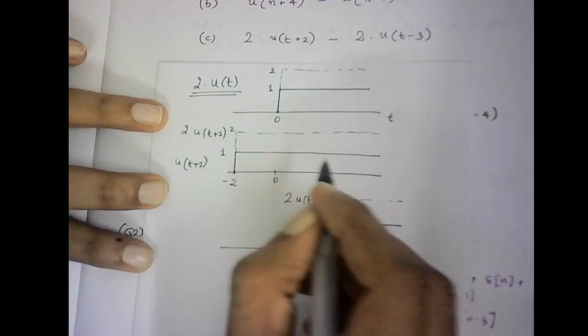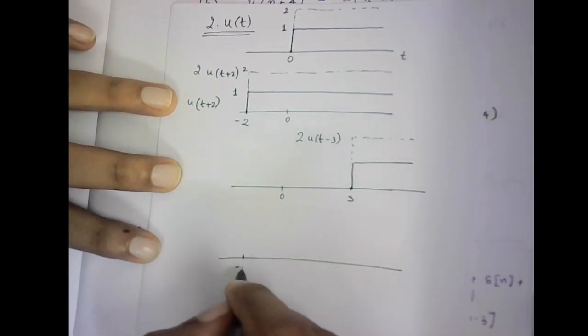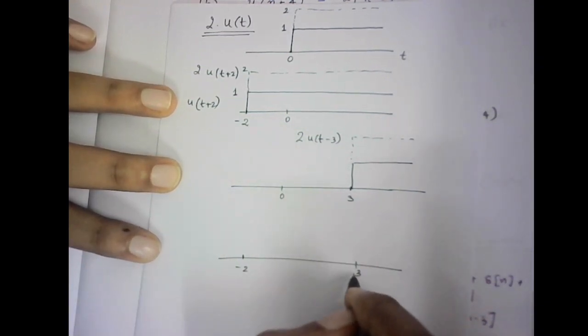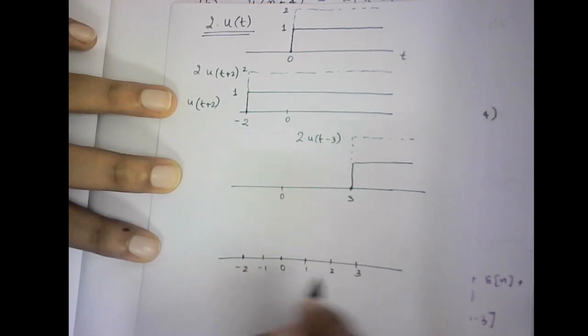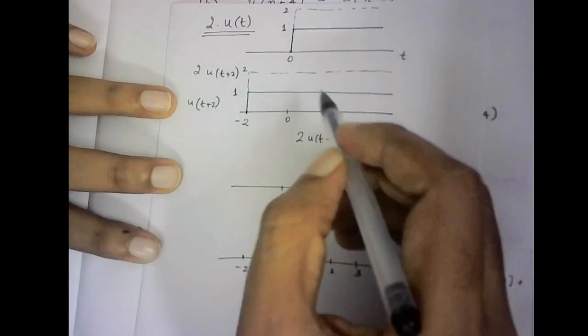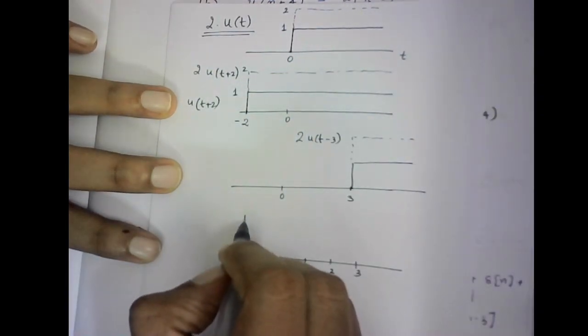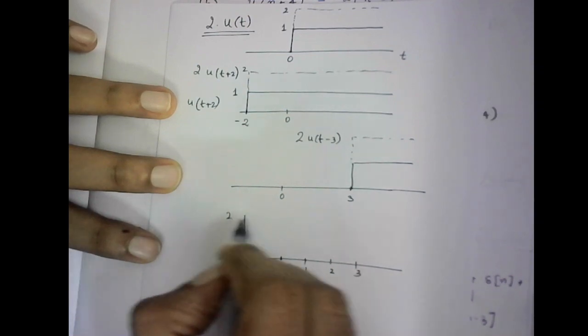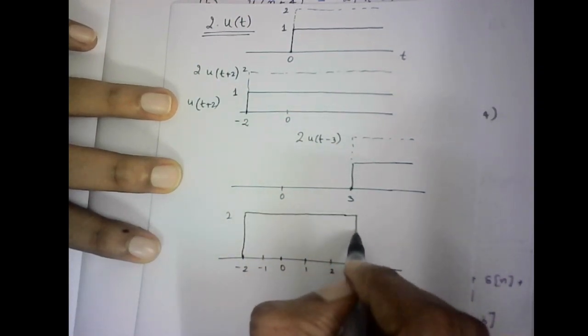Now you subtract this from this. What will you obtain? You can see that the result runs from minus 2 to 3. Here is 0, so this is minus 1, 1, 2, and 3. If you subtract this from this particular signal, you can see that it has amplitude 2 and continues till 3.